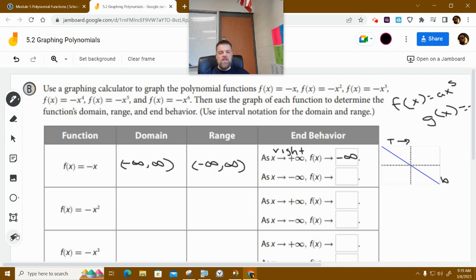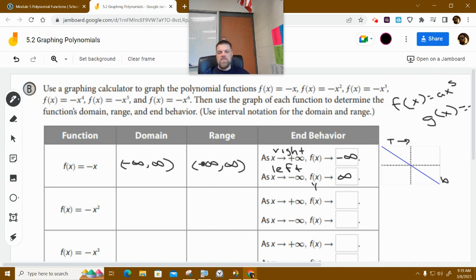So as I follow this graph to the right, my y value goes down. Consequently, as I go to the left, as x approaches -infinity, f of x, my y value approaches +infinity. So as I go in this direction, I go up.